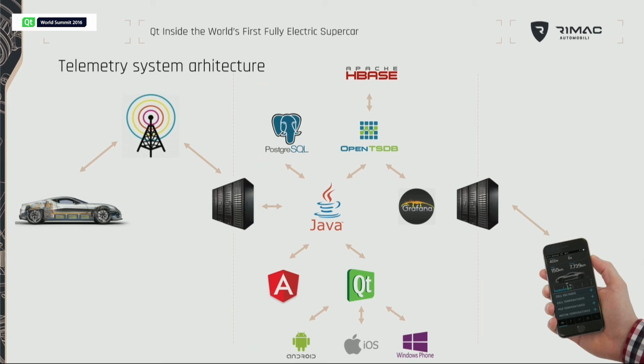This also allows us to send the data back to the customer. For that, we develop mobile applications, again using Qt, that allow the owner of the car to analyze the data and take control of the car.